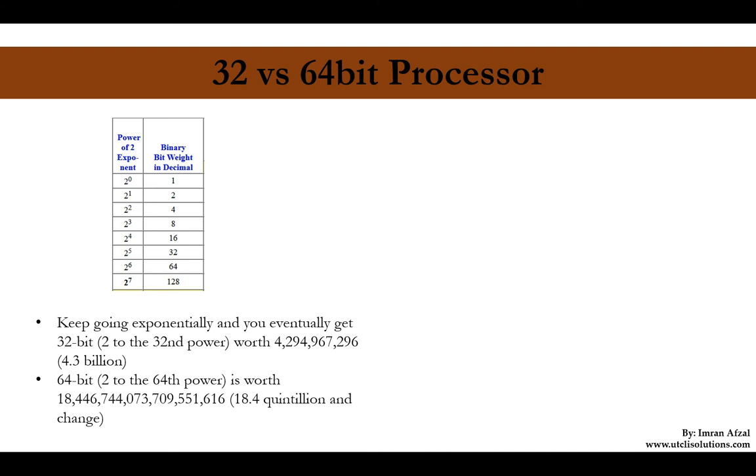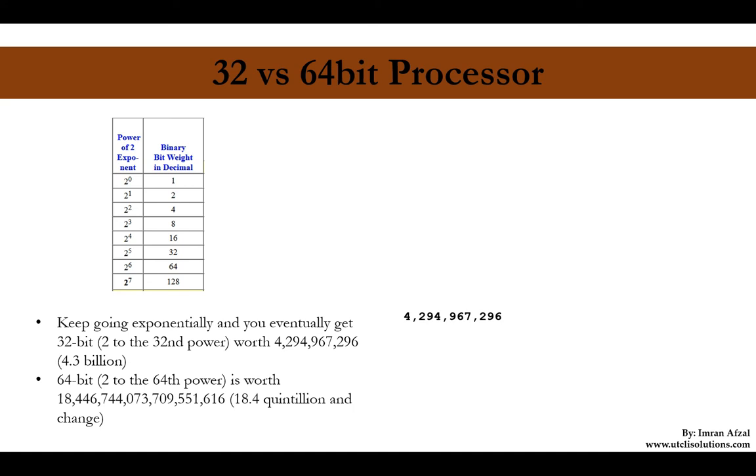So it usually doesn't happen, but let's say if your memory has 8 gig, and your processor is 32-bit, it's not going to work because your processor can only handle 4 gig at a time. If you want your computer to process more than 4 gig of memory, then you need to have a 64-bit processor.